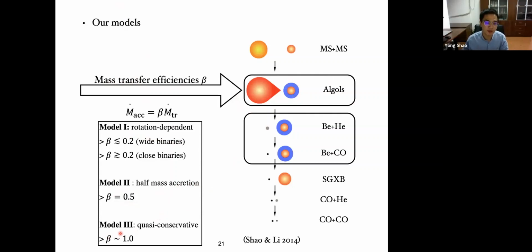And in model 3, we assume that the mass transfer is quasi-conservative, so the mass transfer efficiency is about 100%. And for model 1, we have a physical motivation.